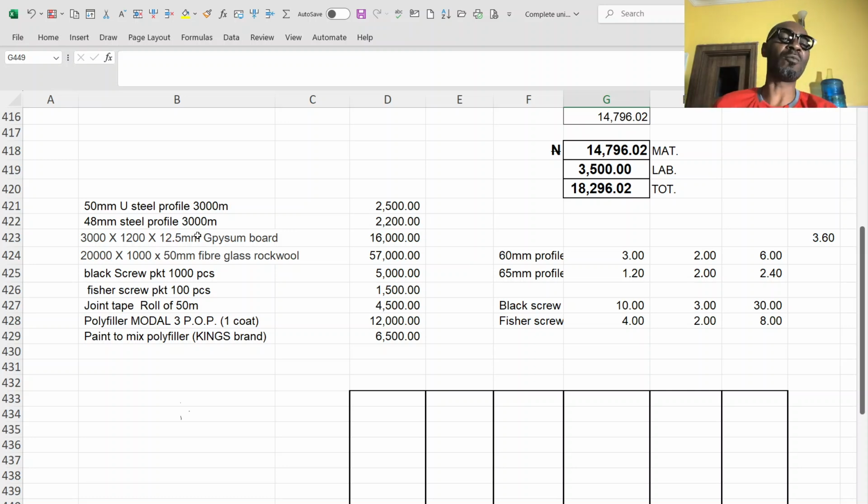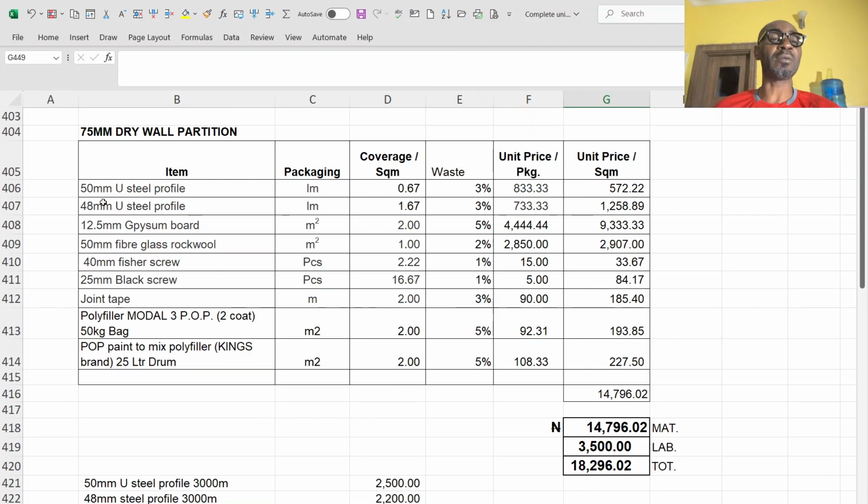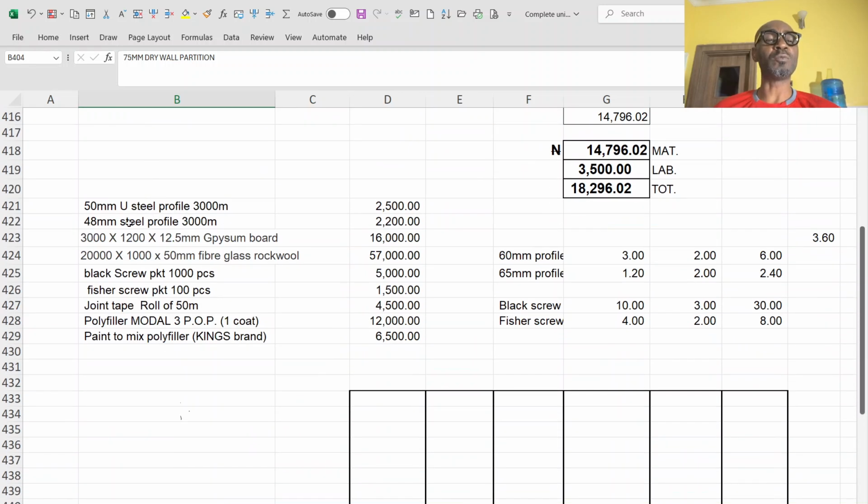But in this case, we are building up the rate for a 75 thick drywall partition. I want to help you understand how we arrived at the 75 with the two profiles you're seeing here. The base profile is the one that serves as a stabilizer that you're going to screw on the floor, and if the wall is running through to the next floor, it is anchored at the bottom of the next floor.